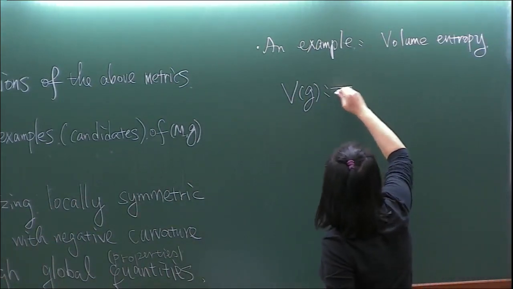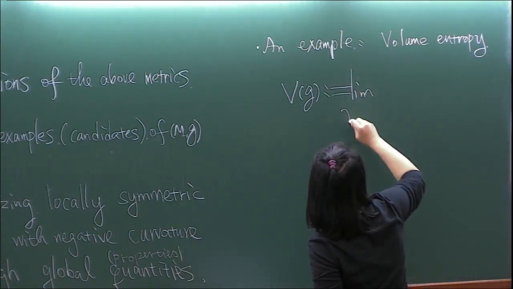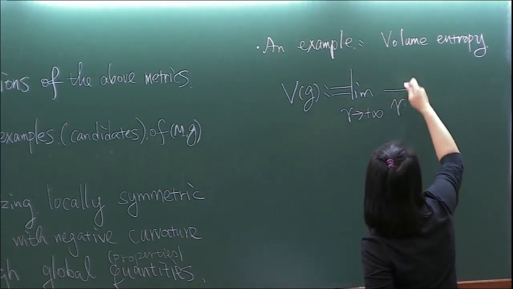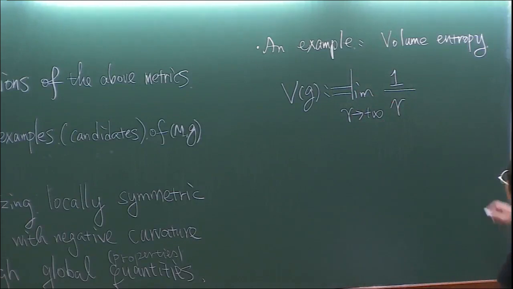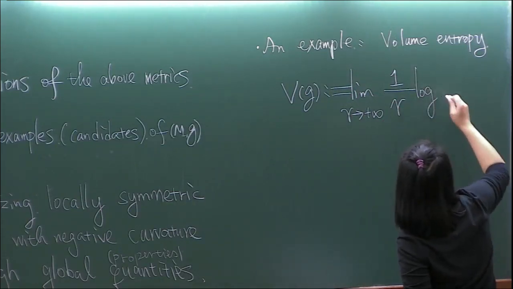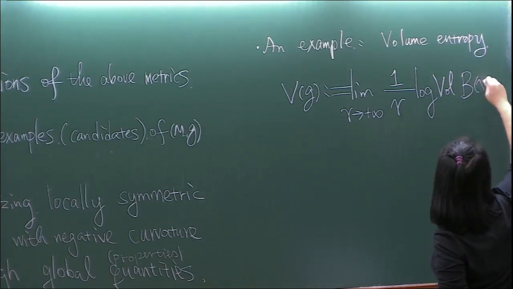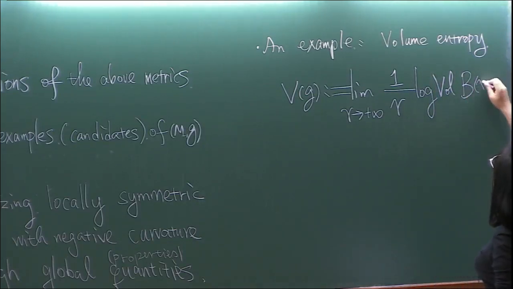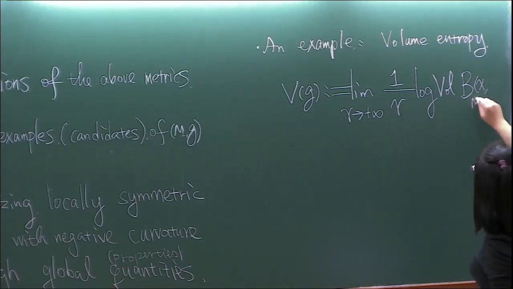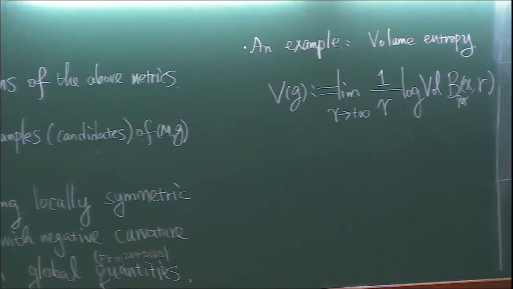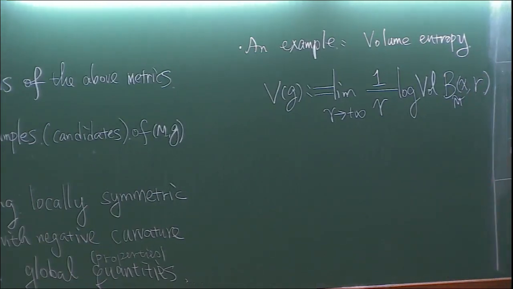What does that mean? As R goes to infinity, you consider 1 over R of the logarithm of the volume of a ball centered at any point in this universal cover M tilde, of radius R. Okay? So this is the volume entropy.